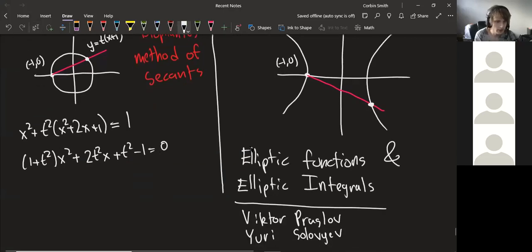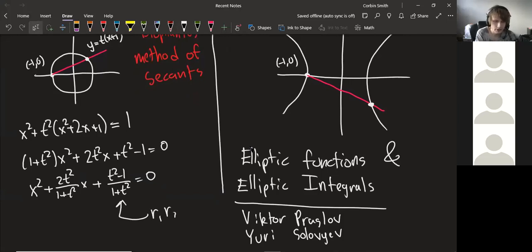And we want to use Vieta's formulas here. So we have to divide by the leading coefficient: x squared plus 2t squared over 1 plus t squared x plus t squared minus 1 over 1 plus t squared is equal to 0. And Vieta's formulas tells us that this is root 1 times root 2. But we actually already know one of the roots for x. One of the roots for x is minus 1. So we get root 1 is equal to minus 1, and root 2 is equal to 1 minus t squared over 1 plus t squared.